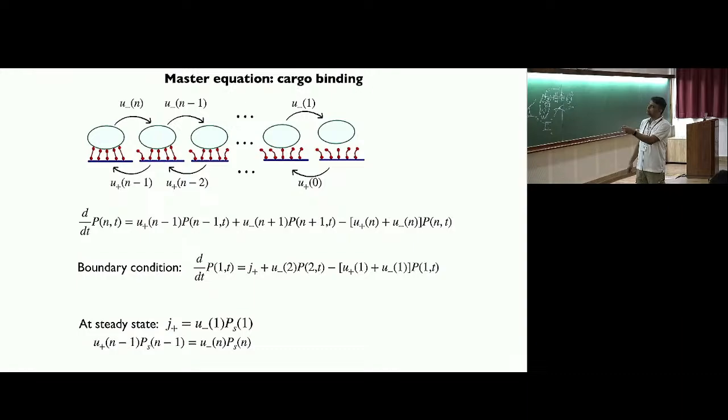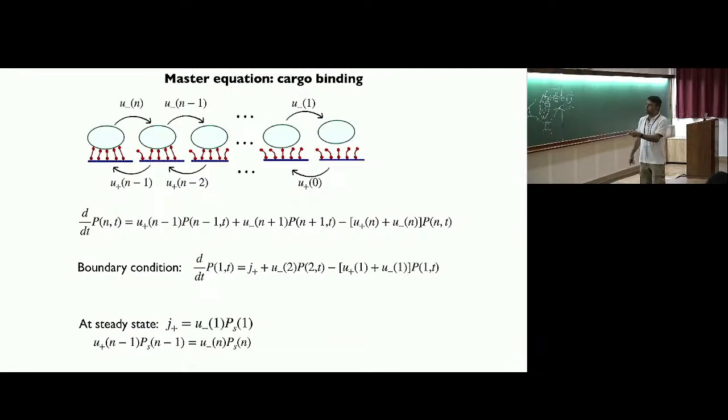This cartoon will probably be easier to see. If you start from here, there are 4 motors attached. If I jump there, I lose one motor. That's why I'm calling this probability u minus, the rate by which it can lose, and this is the rate by which it can gain.